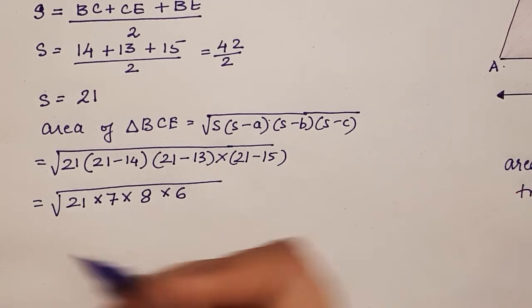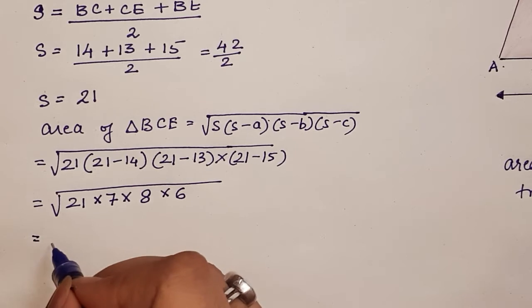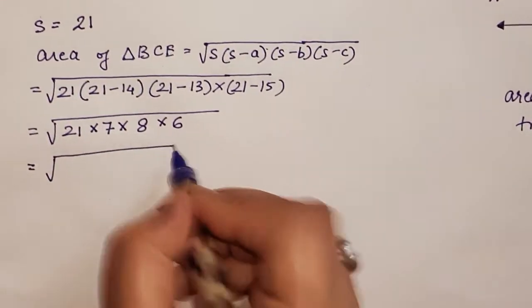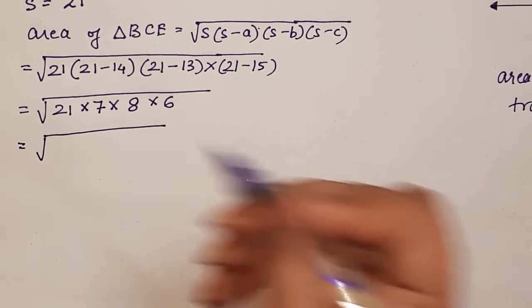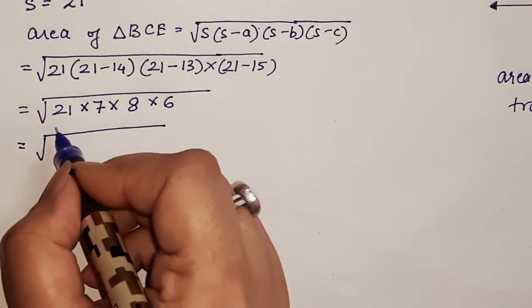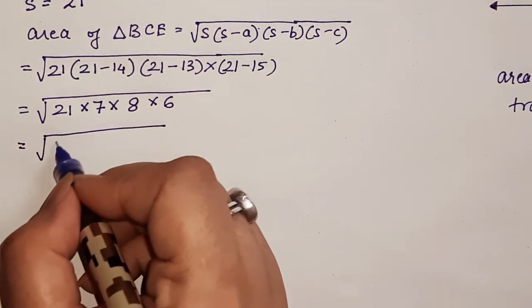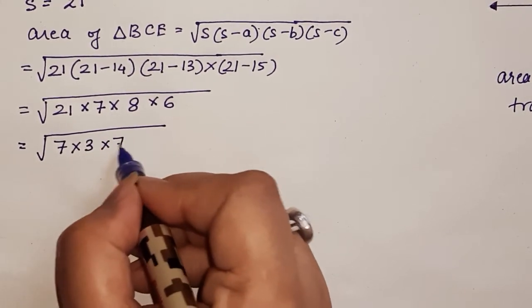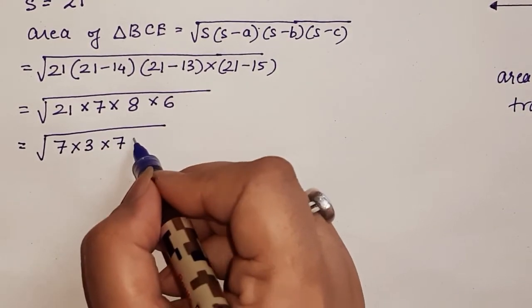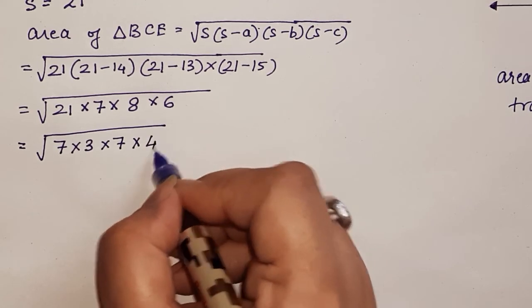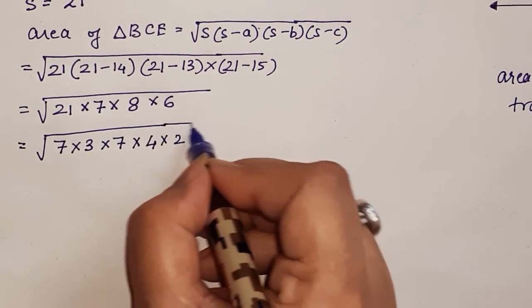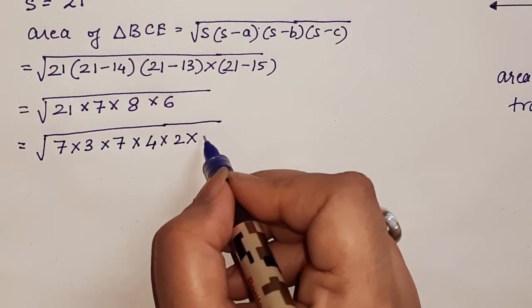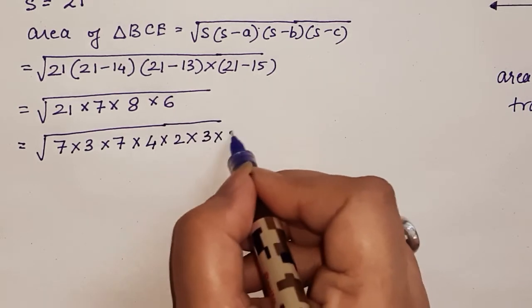Now we need to find the area. We will have to take out the square root of the numbers. So we can factorize 21 into 7 into 3. 7 is already there. 8 can be written in a simpler form as 4 into 2. And 6 can be written as 3 into 2.